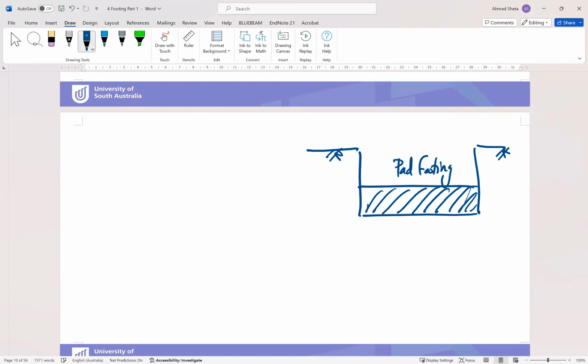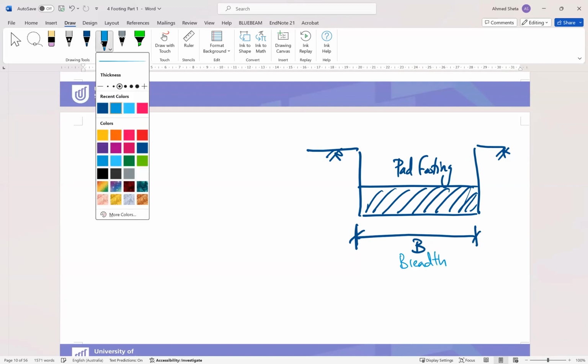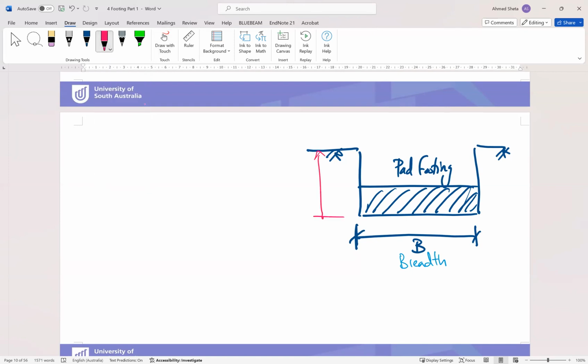So B is the width, or the breadth, of the footing. So this is B, the breadth. And what is Z? Z is the depth of the bed footing from the ground surface. So this is Z, and this is B.